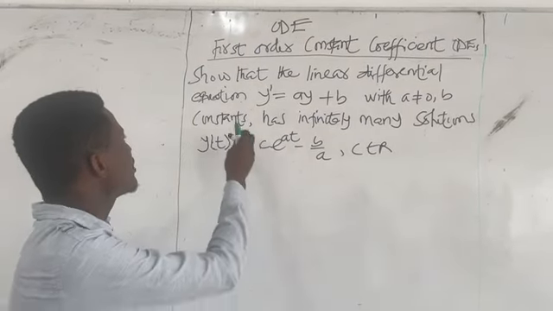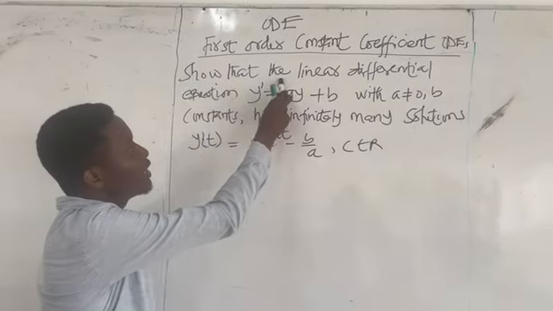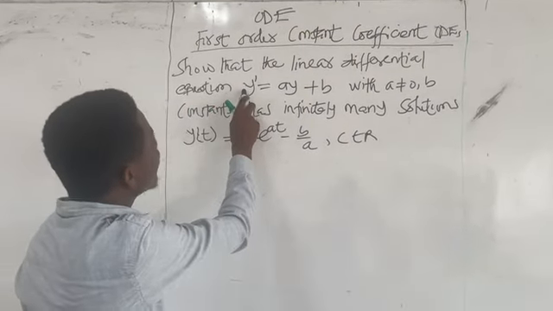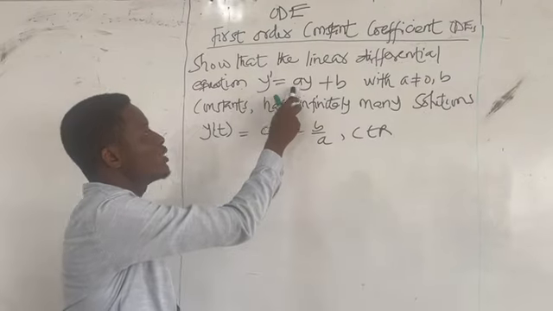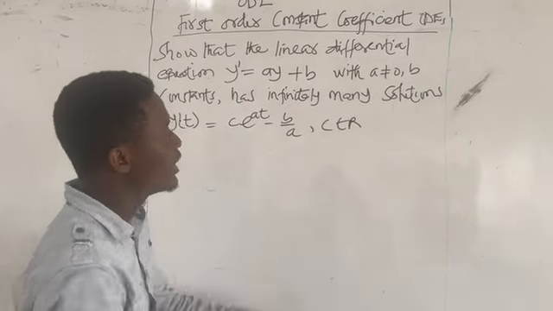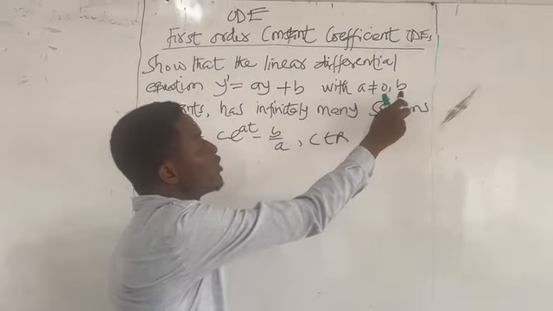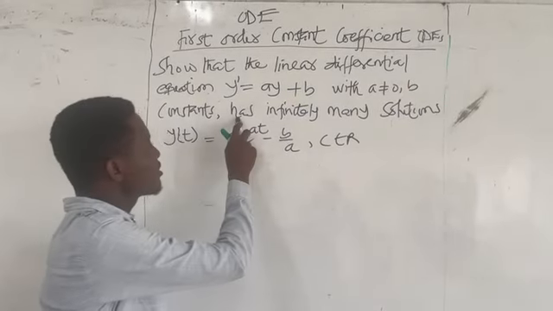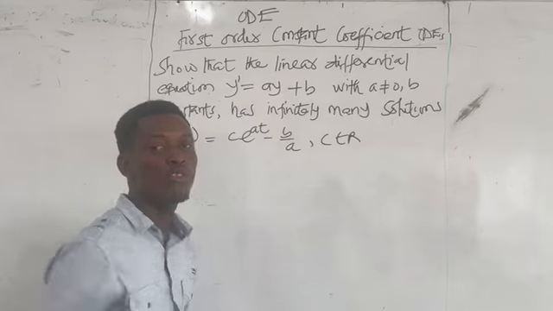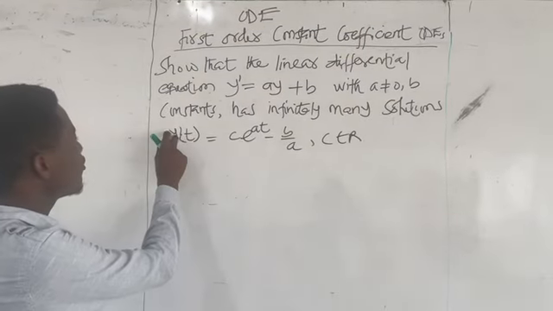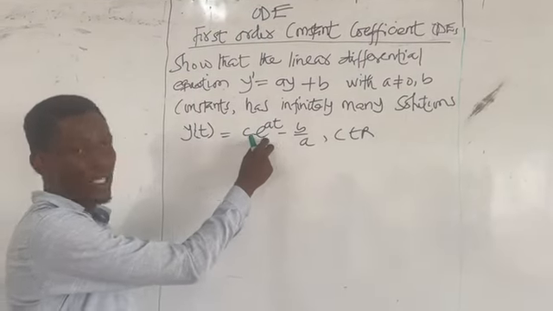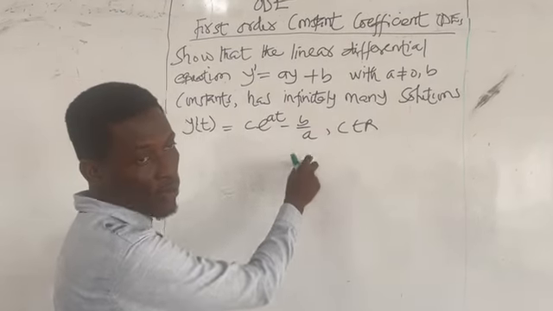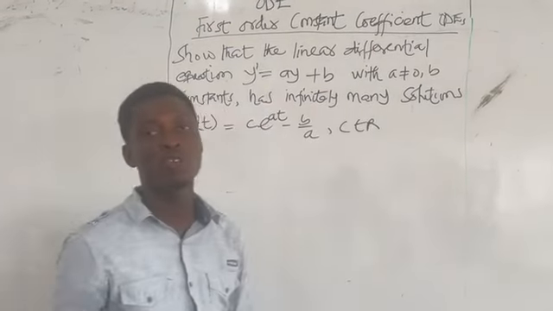So the question is, show that the linear differential equation y derivative is equal to ay plus b, with a not equal to 0, b constant, has infinitely many solutions. So the solution y of t is equal to c exp(at) minus b over a, where c belongs to the real numbers.